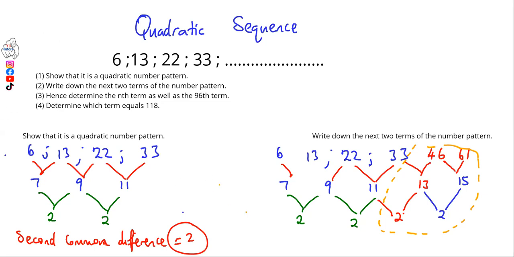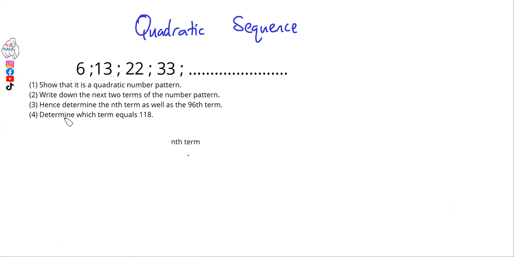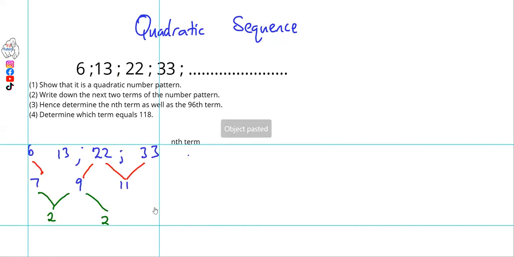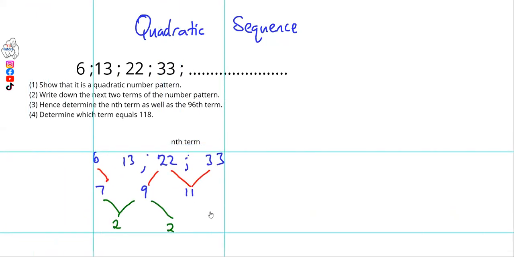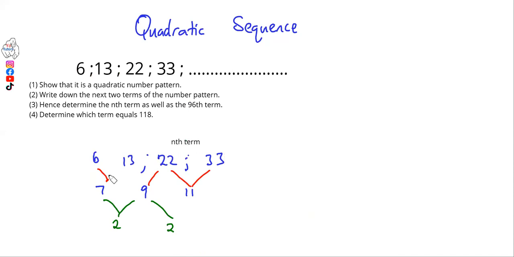The next question, the next slide here, is asking us for the nth term. How do we get the nth term? Remember, if we are to substitute what we have here, this is what we're going to have.